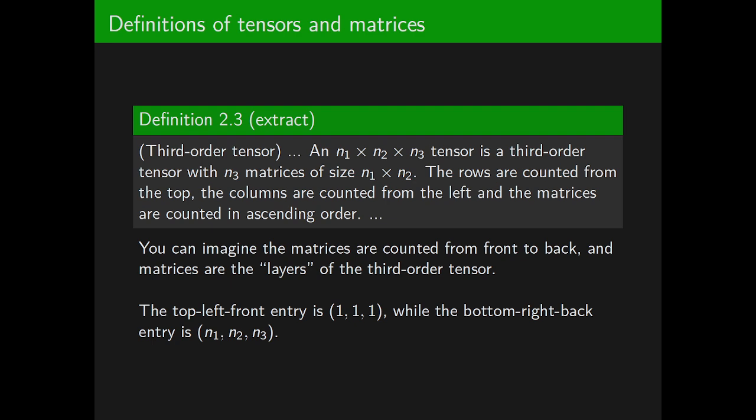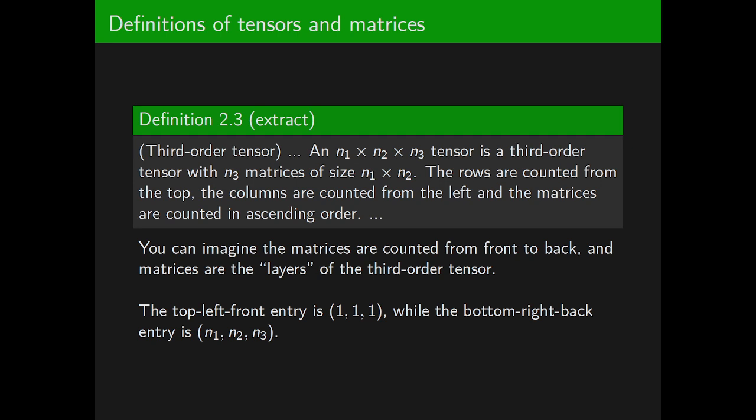The rows are counted from the top, columns counted from the left, and matrices are counted in ascending order. The last part, matrices counted in ascending order, isn't really as intuitive as you might think, so I'm going to explain it. You can imagine the matrices are counted from front to back, basically. The matrices are the layers of the third order tensor.